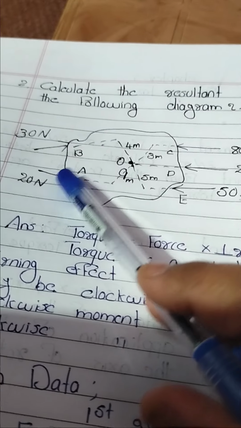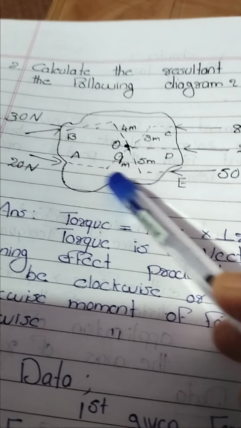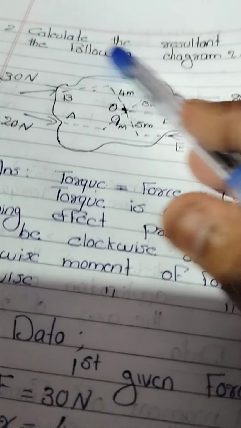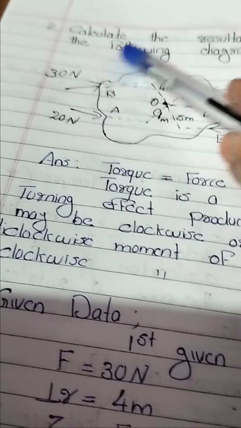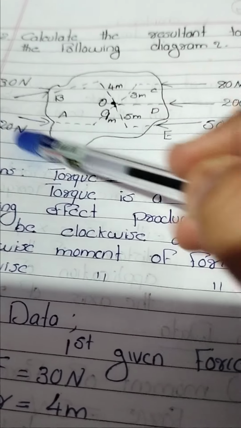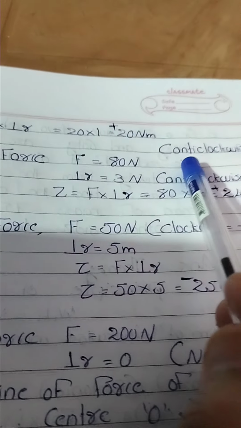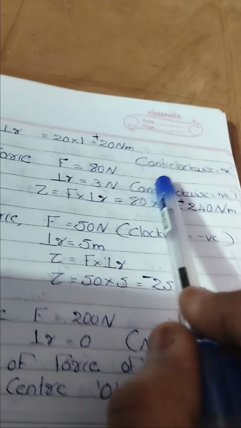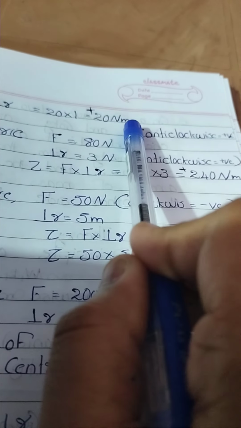This 20 Newton has its line of force like this. It will be moving like that, so this is just opposite of the clockwise direction. That's the reason it is anti-clockwise. Anti-clockwise is also known as counterclockwise. The anti-clockwise sign is positive. So positive 20 Newton meter.